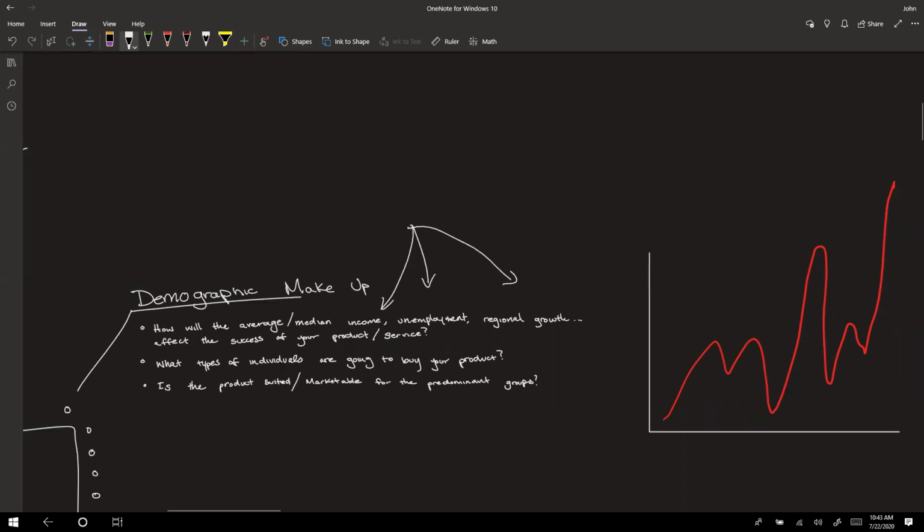So let's say you are selling, for example, high heels, right? And the city that you're selling in is 80% male, right? Are you going to sell a lot of high heels in a city that's 80% male? Probably not.